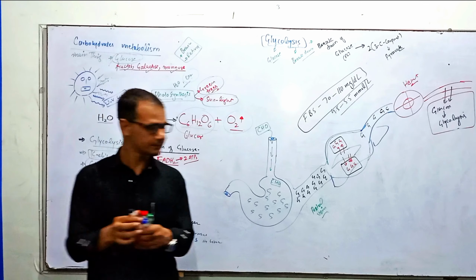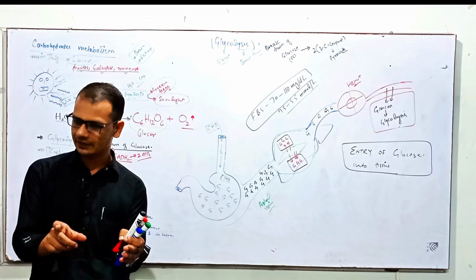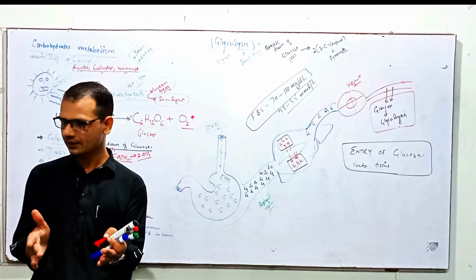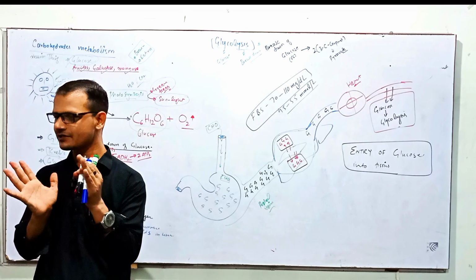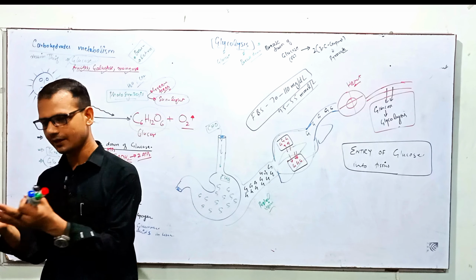tissues. The glucose concentration in the blood, the extracellular spaces and the cells is very important for this entry, because glucose will go from the high concentration to the lower concentration. And in some areas the glucose concentration remains the same in both compartments, for example in plasma and extracellular spaces the glucose amount is the same, the percentage of glucose is the same.